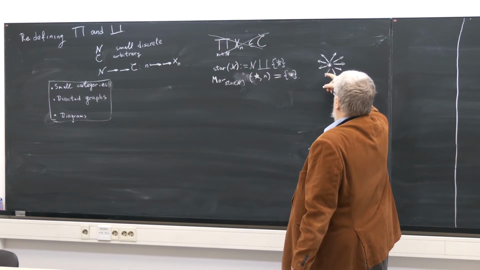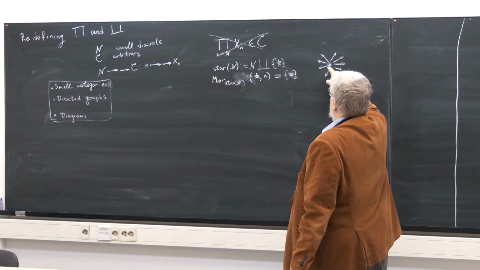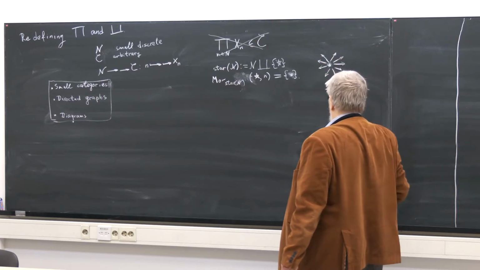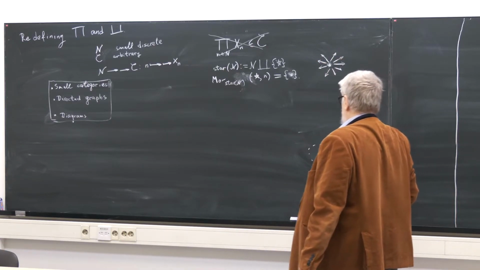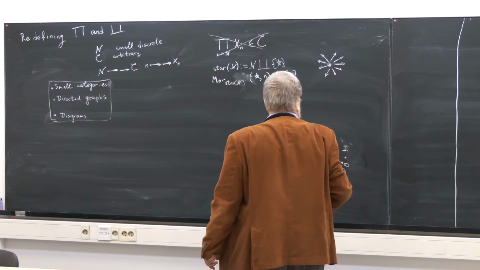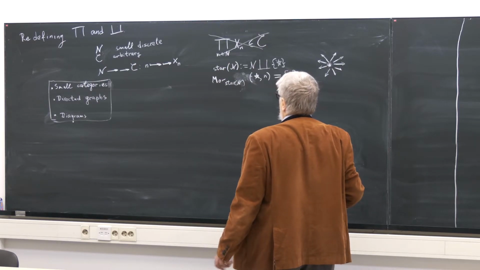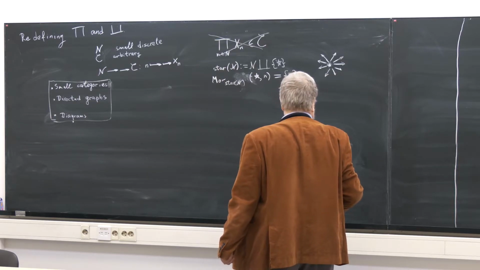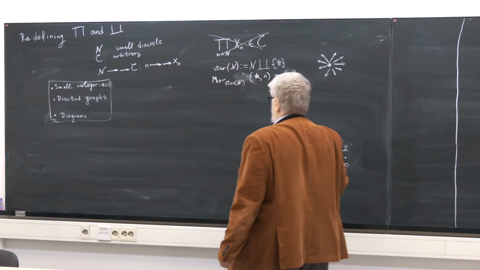We add an arrow from the center to every object of our discrete category. Now, what about the product?